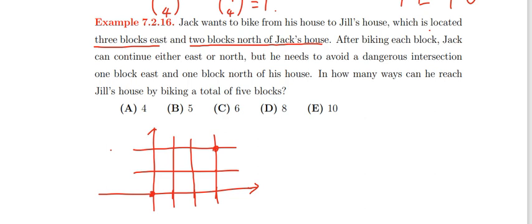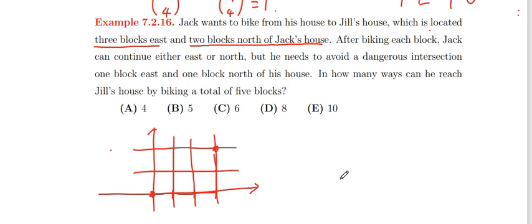If there are no other conditions, from here to here we need 3 east and 2 north, right? That could be 3 east, that could be 2 north.